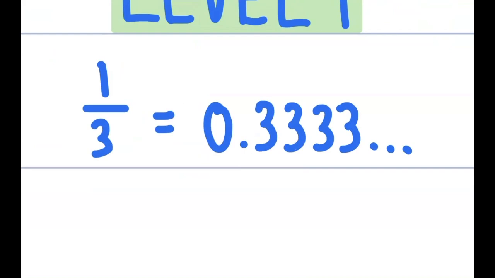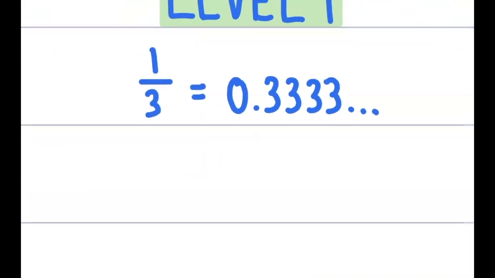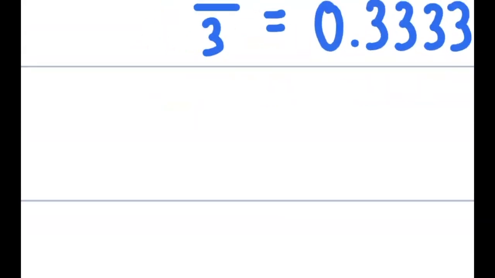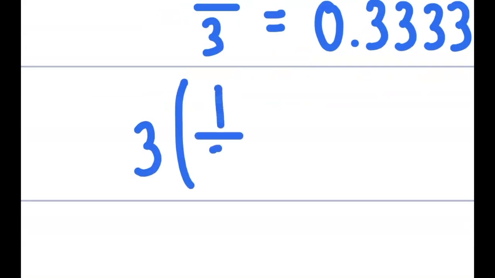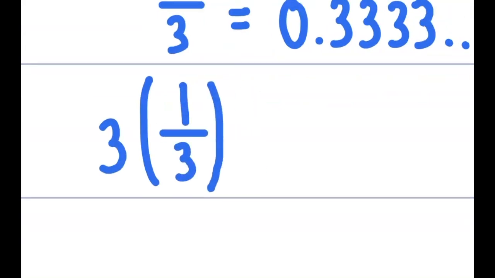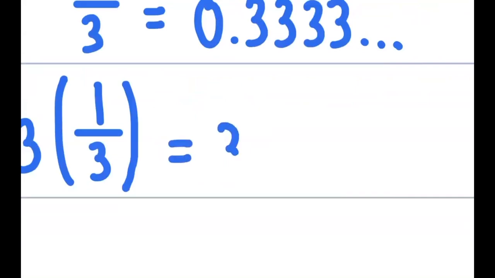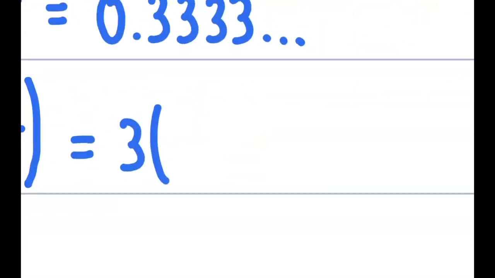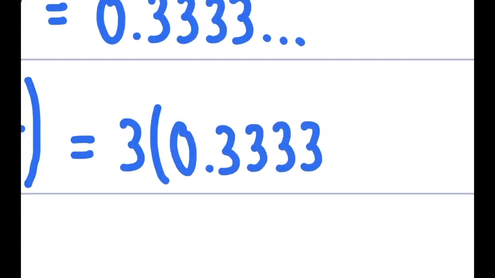So what I can do is multiply both sides of this equation by 3. Let me write it out actually. So we have 3 times 1/3 equals 3 times 0.3 repeating.